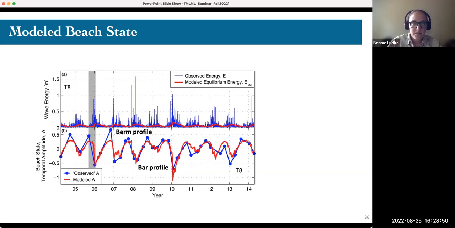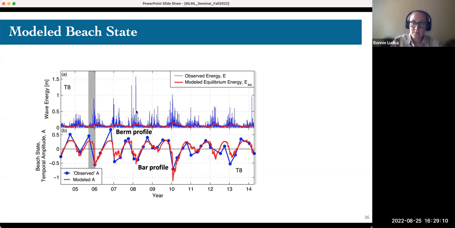And okay, how does our model perform? In the top panel, what I'm showing you is a time series of wave energy. You will notice that we get bigger waves in winter and smaller waves in summer. The observed waves are in blue, and the modeled equilibrium energy is in red.